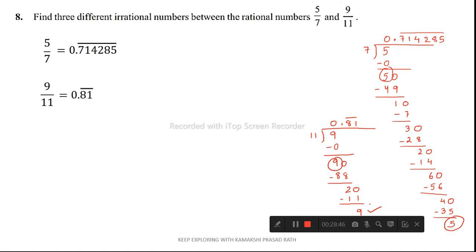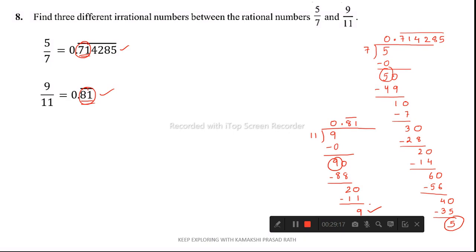Now we need to find three different irrational numbers between the rational numbers 5 by 7 and 9 by 11, whose decimal expansions we already have. When we compare the two decimal expansions, one has two repeating decimal places, 8 1, and the other has six, but we will consider only two decimal places. Anything more than 0.71 will do, suppose we write 0.72.